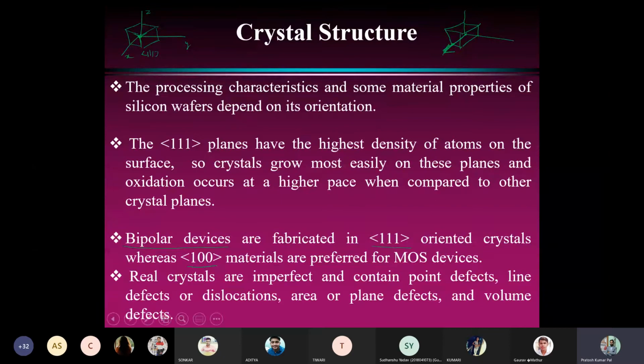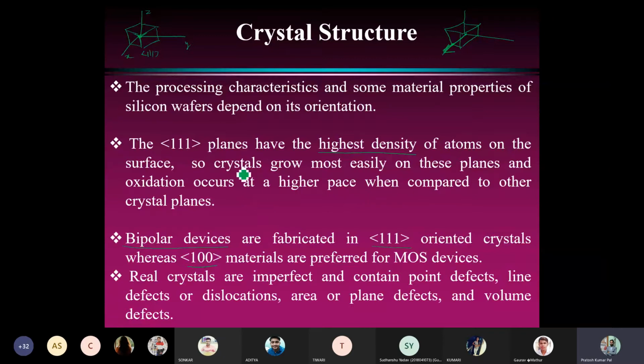So there are some advantages and disadvantages of these orientations. Basically, in case of 111 planes, it has the highest density. Okay, so in case of 111 we will find the highest density of atoms on the surface. So crystals grow most easily on these planes, and oxidation occurs at a higher pace compared to other crystal planes.